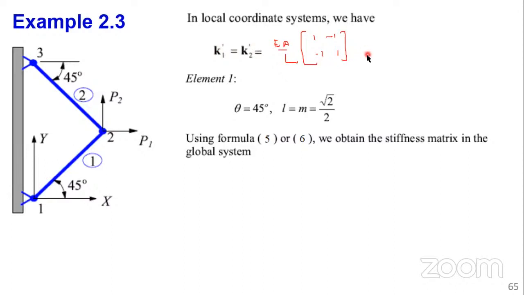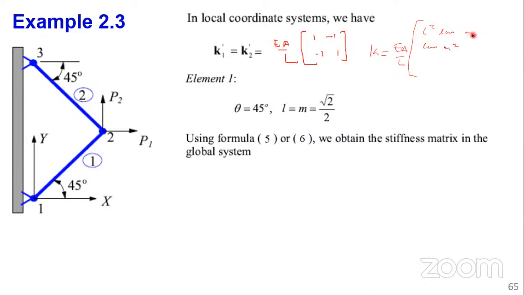You just know that in the global coordinate system, K is equal to EA over L times the matrix with first row L squared, LM, minus L squared, minus LM. So once you just know that, the rest is easy: the main diagonal entries are the same, the minor diagonal negative.